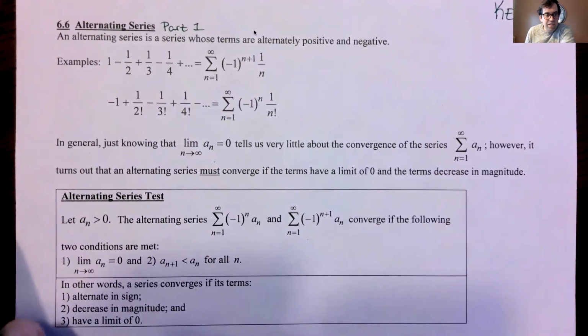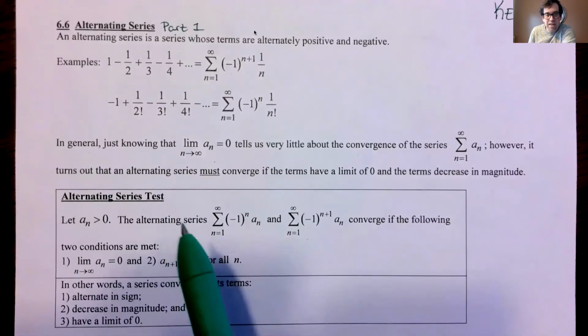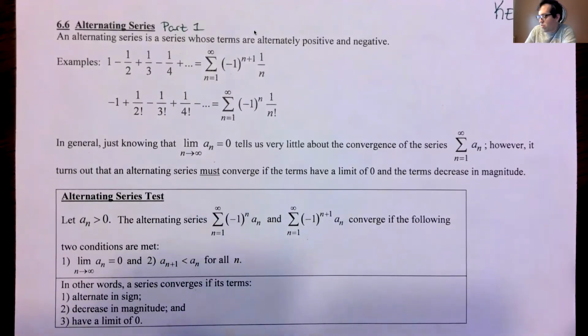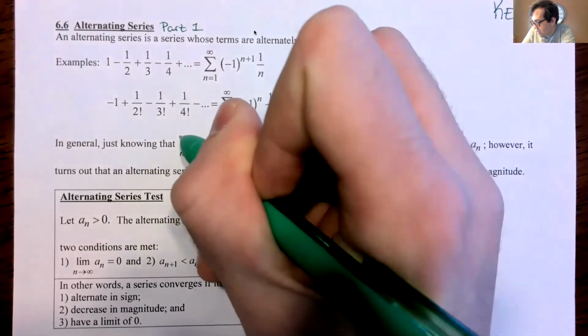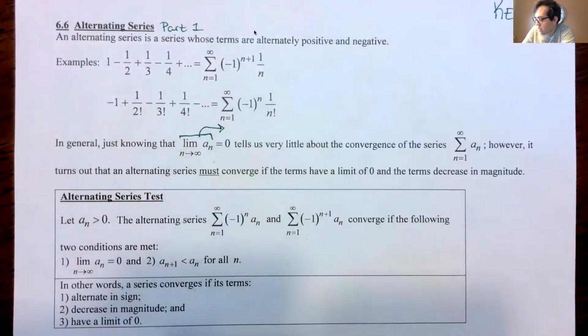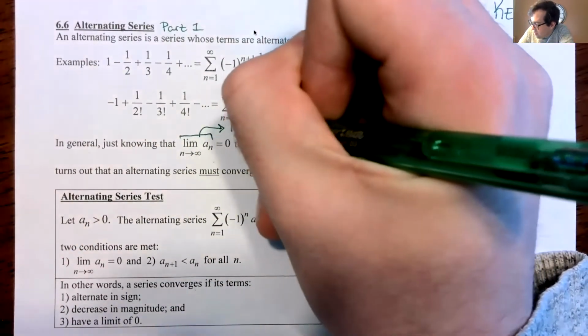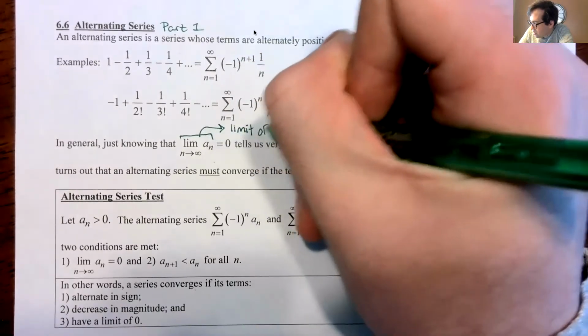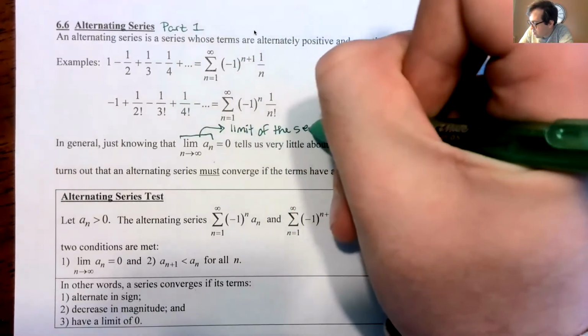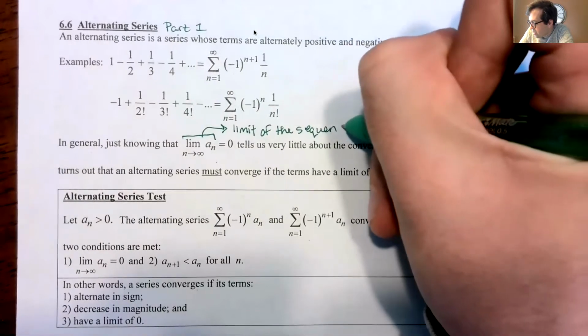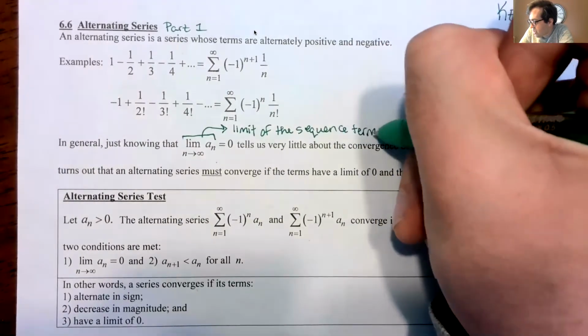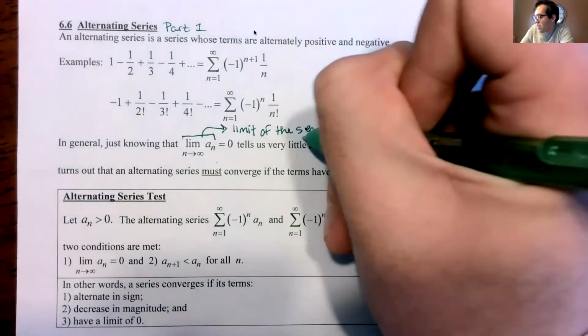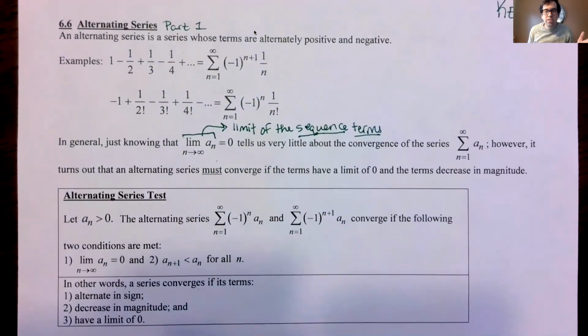And here is another fact that we need to know. In general, just knowing that the limit as n approaches infinity of a sub n equals 0. Now, I want to be clear that this is referring to the limit of the sequence. So remember back from the first lesson in this unit when we were talking about sequence versus series.